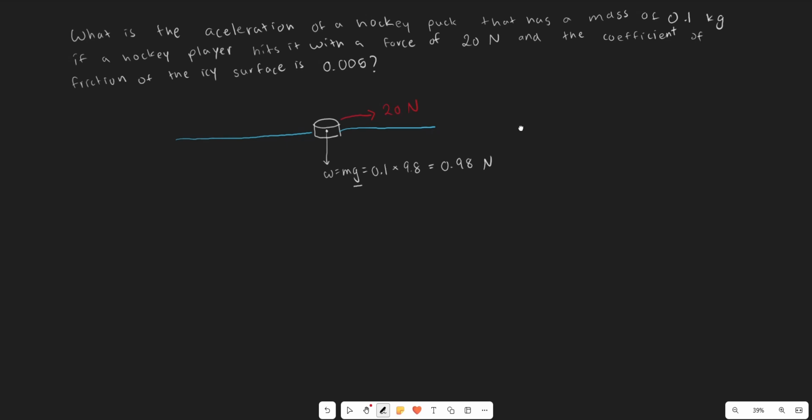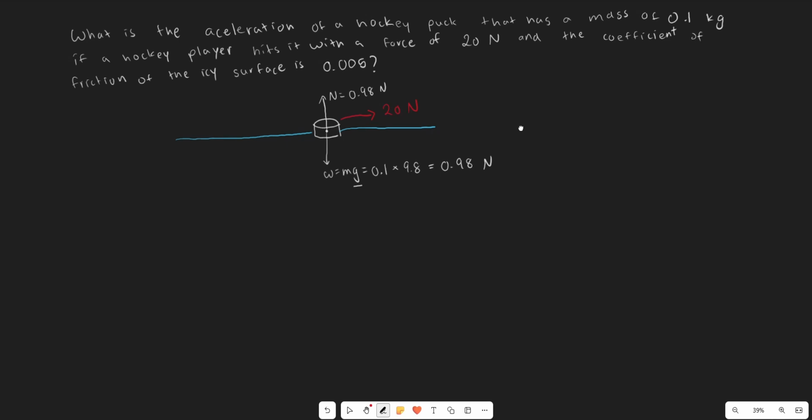Since the hockey puck isn't falling into the floor, the normal force is 0.98 newtons as well, because the normal force and the weight balance each other out. There's no vertical displacement.